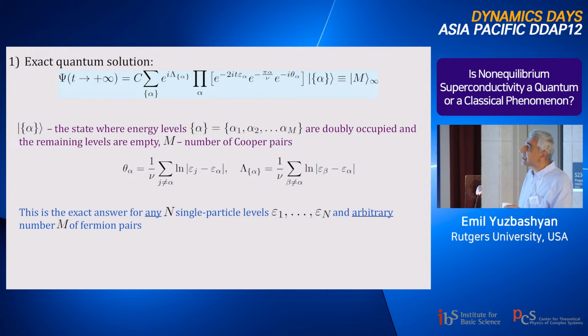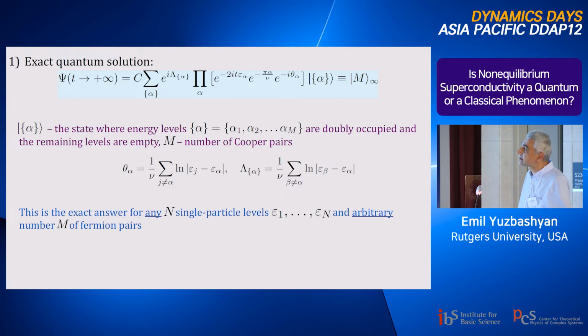So here is the exact quantum solution. The time dependence is in this exponent here. This lambda alpha and theta alpha are constant phases that depend on epsilons.